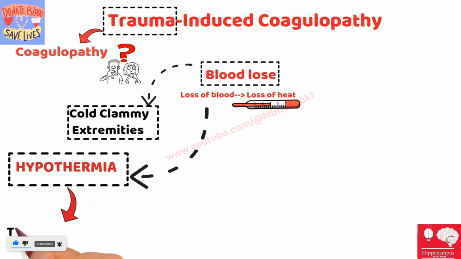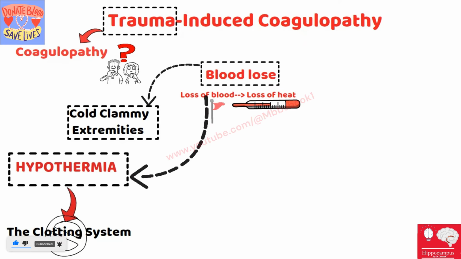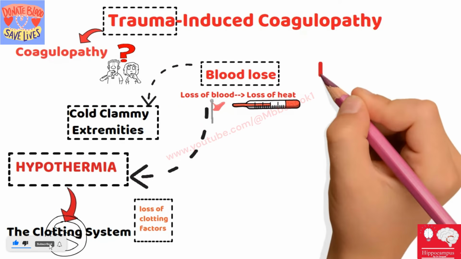So hypothermia itself will result in decreased ability of the clotting system to function. So you will read the term trauma-induced coagulopathy, where a person, due to blood loss and the loss of the clotting factors from the body, will develop an increased bleeding tendency.